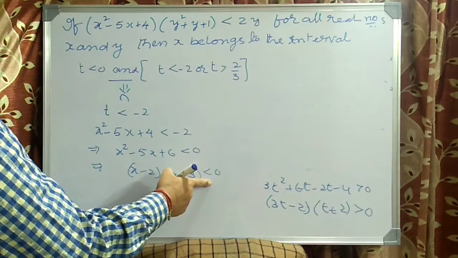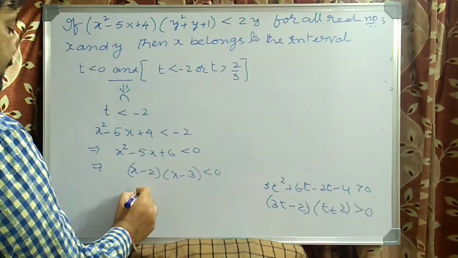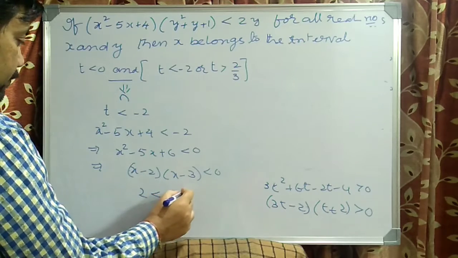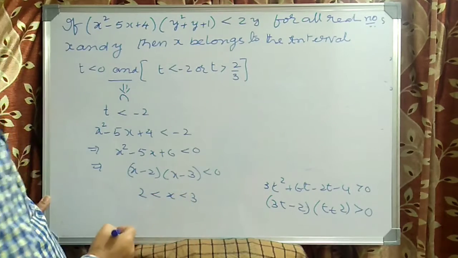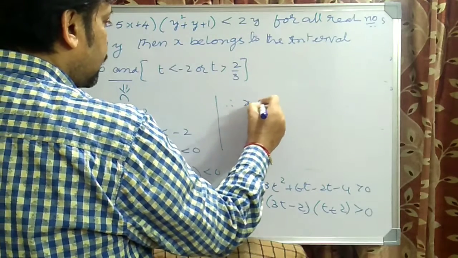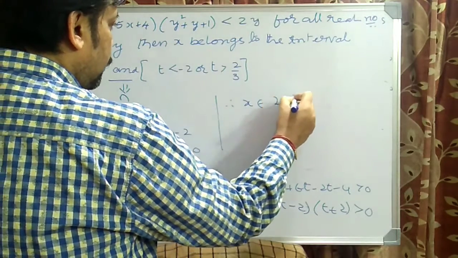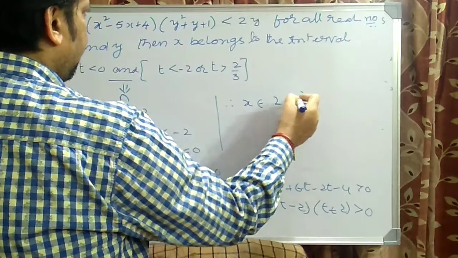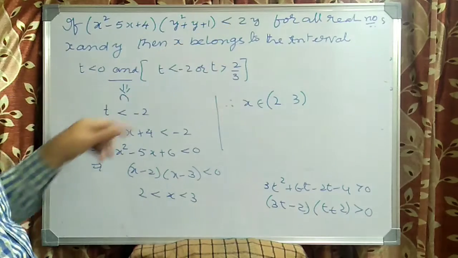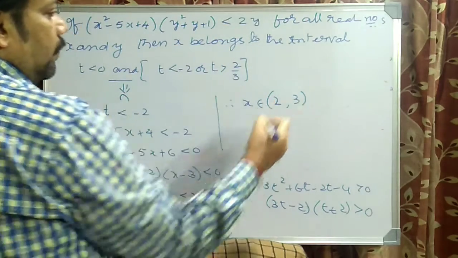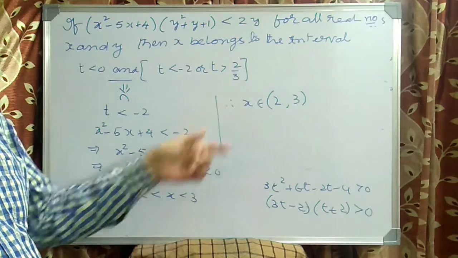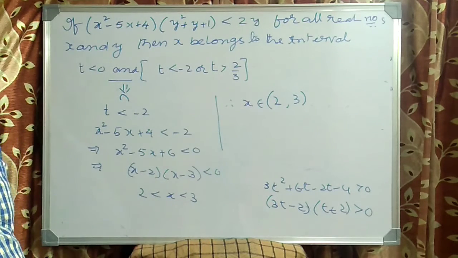For negative values, as I have just discussed, x lies between the roots. So 2 less than x less than 3. So overall the answer will be x belongs to the open interval (2, 3), because already in the question it is given as an open interval.